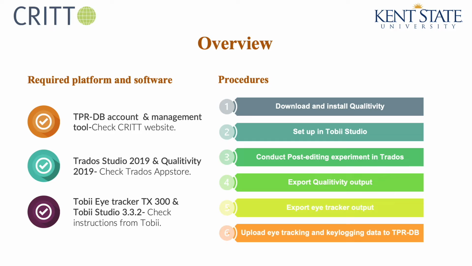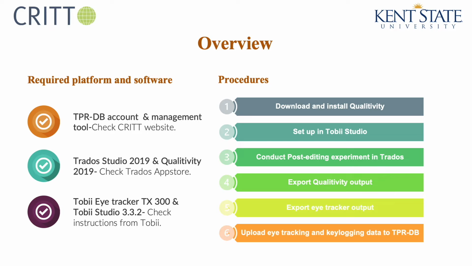The procedures that I address in this clip include 6 steps. 1. Download and install Qualitivity to set up in Trados Studio for collecting keylogging data via Qualitivity. 2. Set up in Tobii Studio for collecting gaze data. 3.